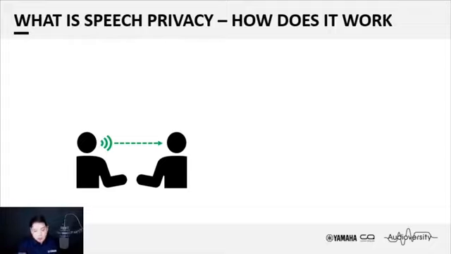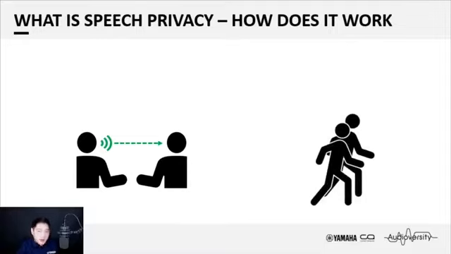Two conversations are happening. This is normal, of course, but if it's not a very private place, there will be people walking around, whether your fellow colleagues or the public. They won't do it on purpose, but they will hear wherever your voice is picked up.